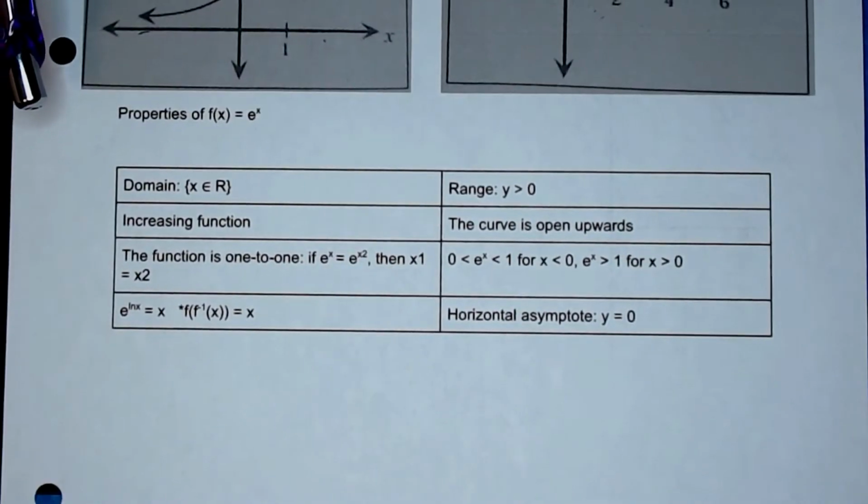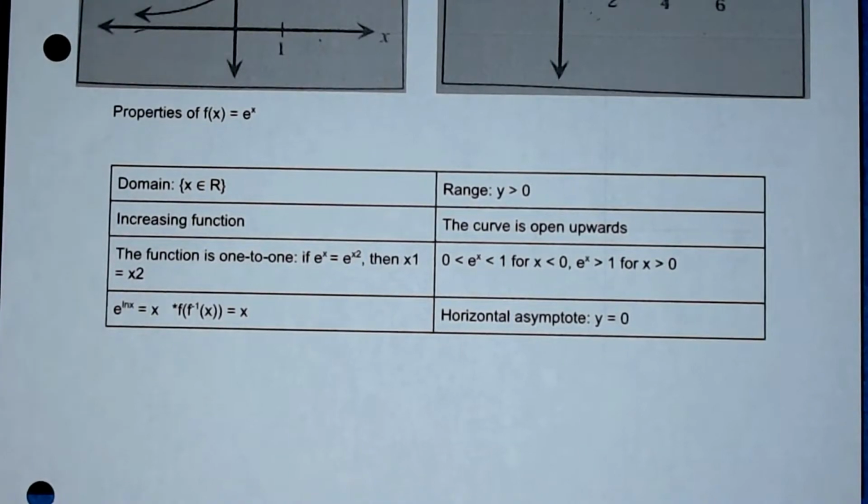So it has these properties for this function. The domain is an element of the reals. The range, we have that horizontal asymptote at y equals 0, so y is greater than 0. It's an increasing function. It opens upwards. The function is one-to-one, so if e to the x1 is equal to e to the x2, then x1 equals x2.